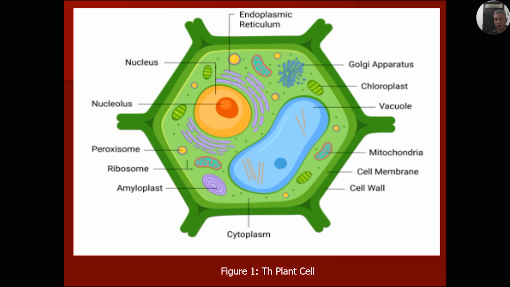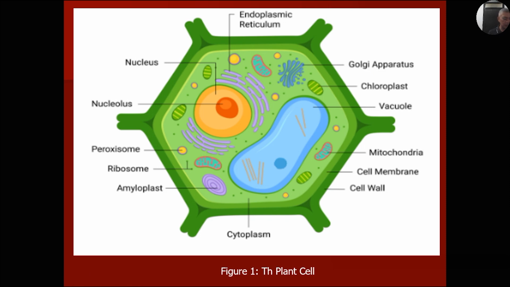And the tonoplast is a membrane that surrounds the central vacuole. The vital function of the central vacuole, apart from storage, is to sustain turgor pressure against the cell wall. The central vacuole consists of the cell sap. It is a mixture of salts, enzymes, and other substances.